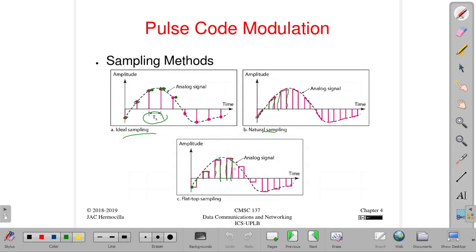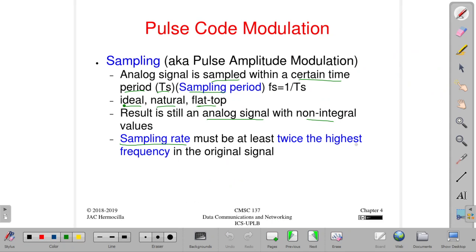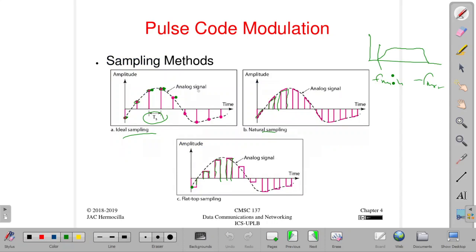So remember that every signal has a bandwidth like this, for example. So we have the F min and we have F max here. So twice the highest frequency. So the rate of sampling should be twice of F max. If we have the zero component, then it will just be twice that F max.